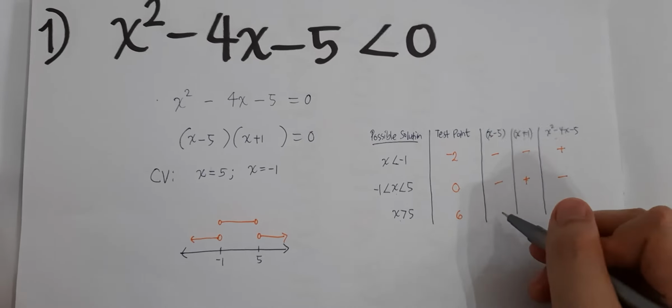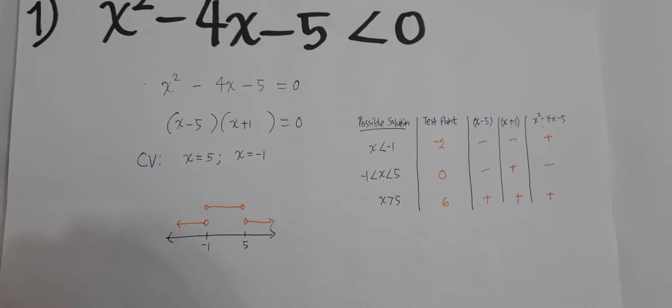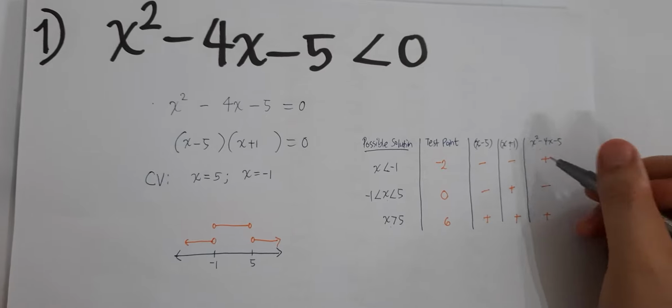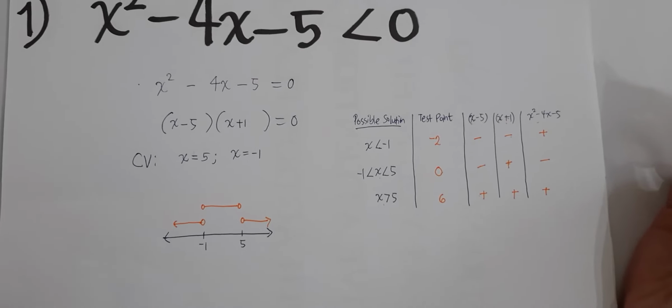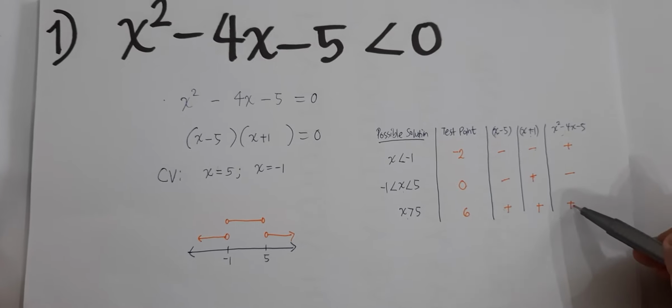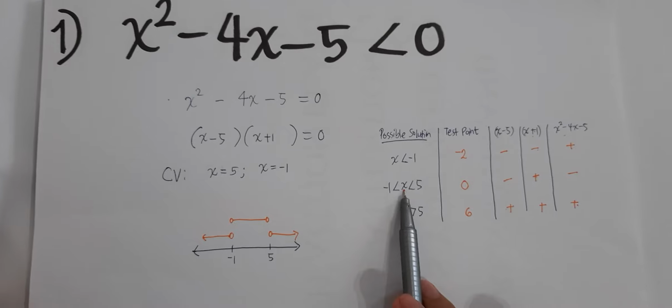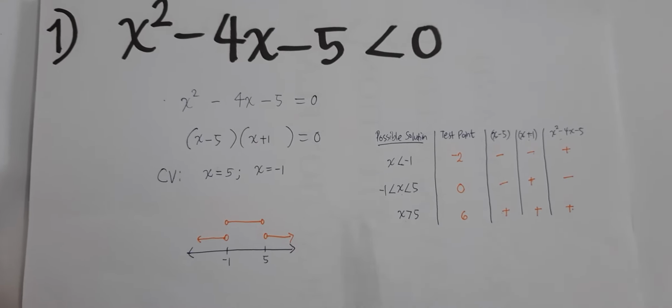If it's 6, this will be plus, and this will be plus, multiplying plus will give me plus. So I have three values here: positive, negative, and positive. Positive for this inequality, negative for this inequality, and positive for this inequality.